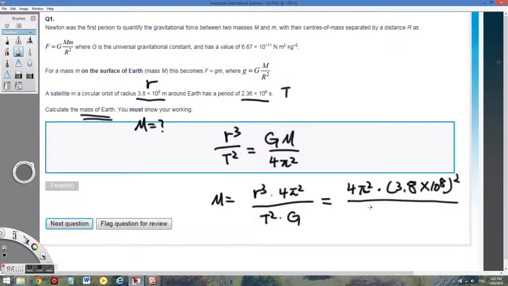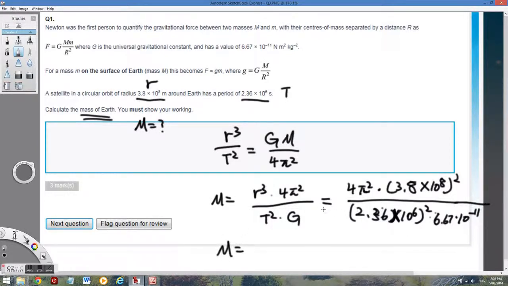Now, times T squared, divided by G, which is 6.67 times 10 to the power of minus 11.